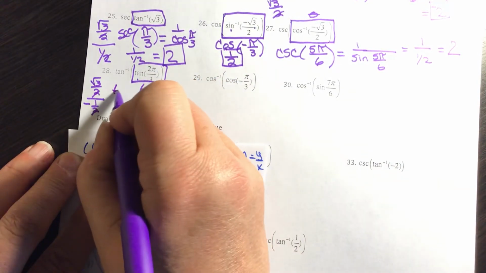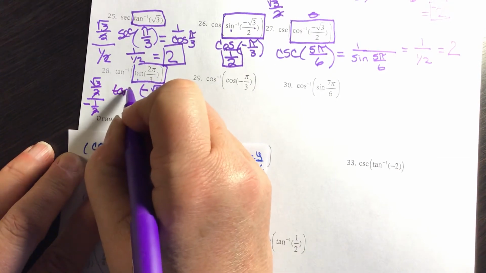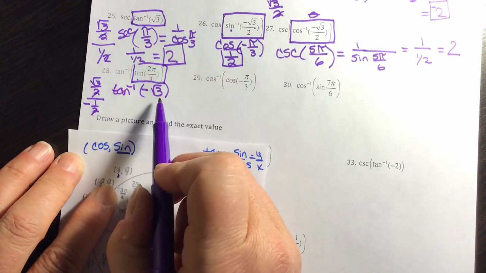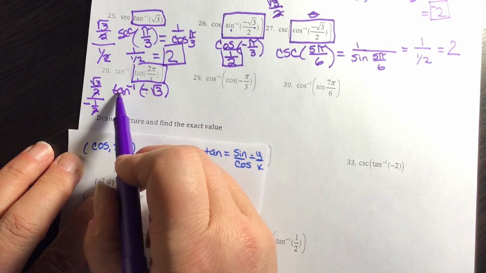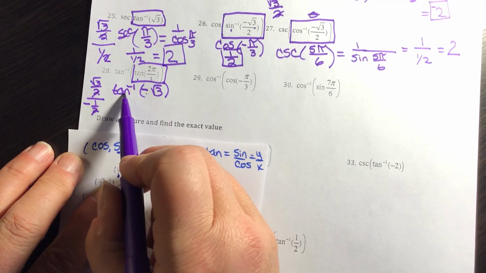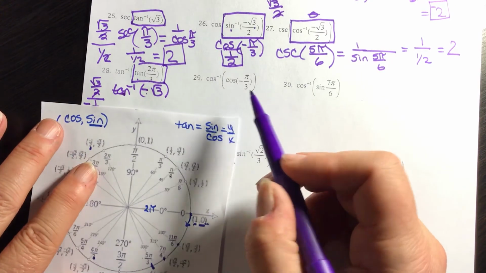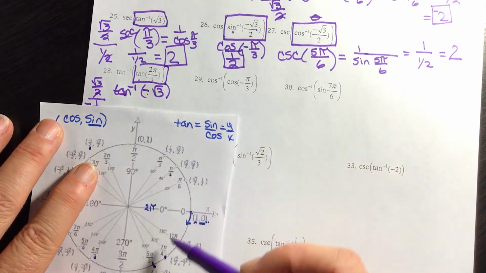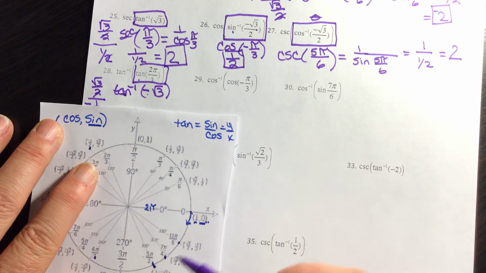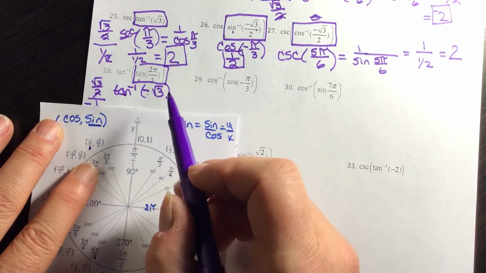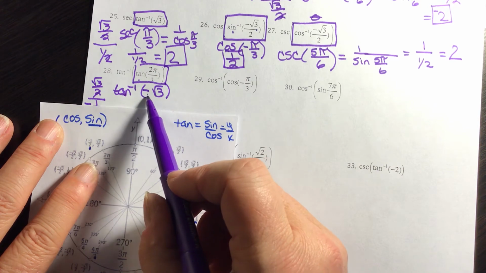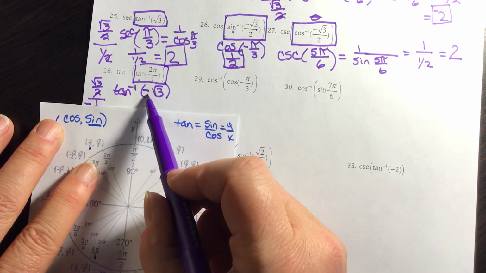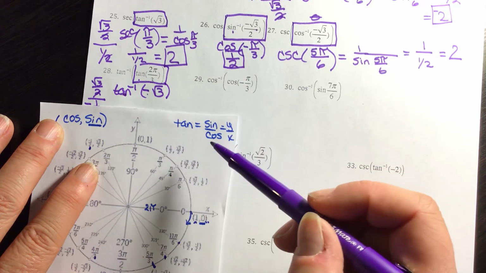Now I want the inverse tangent of negative square root of 3. Because this is the inverse tangent, now I have to work in quadrants 1 and 4. What angle has tangent of negative square root of 3?